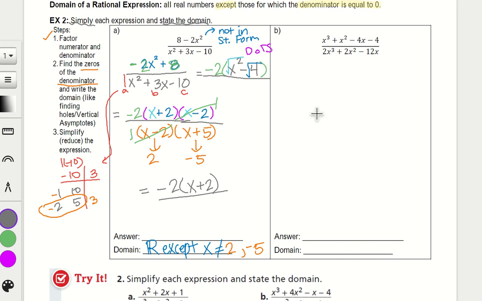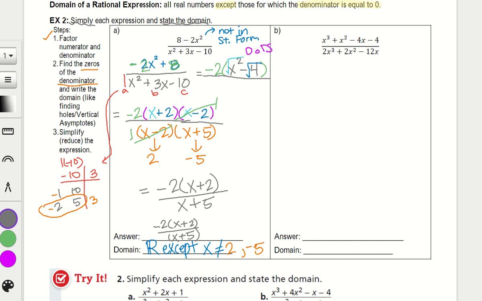And in my denominator, all that I have is an x plus 5. So that is my answer. So I've simplified this. I get negative 2 times x plus 2 over x plus 5. Notice I'm not multiplying that negative 2 through. I'm going to leave it factored.